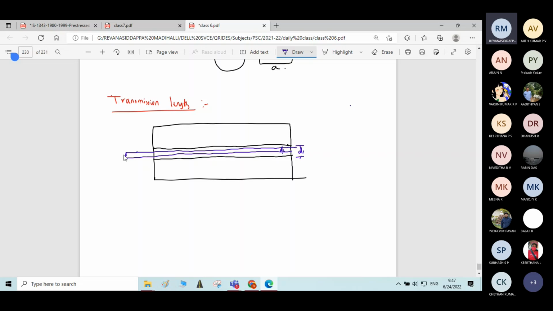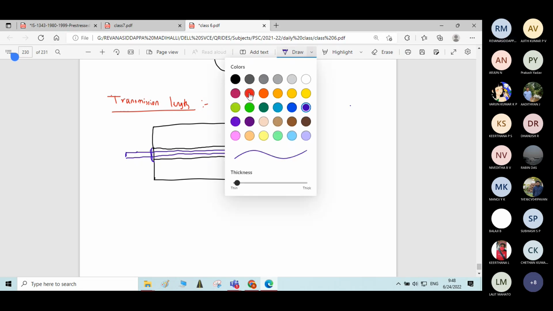After stretching, what we will do? We will release this tendon and anchor the tendon at this zone by using this anchoring plate. When you release this tendon, the stress in the tendon is zero at the force end, at this point.